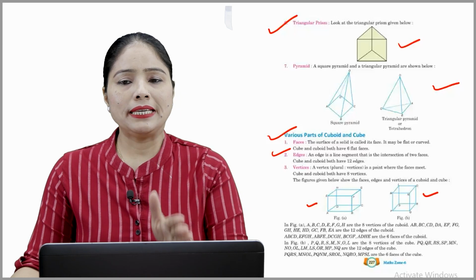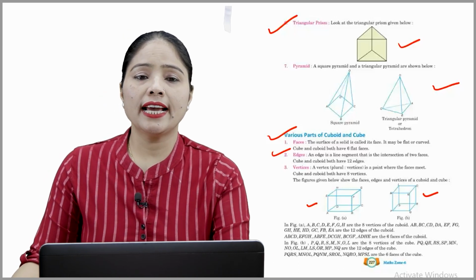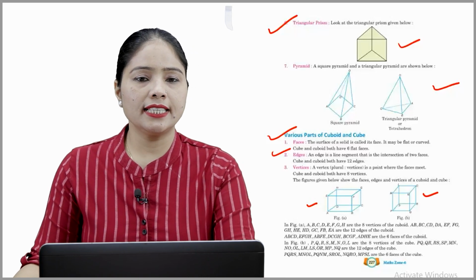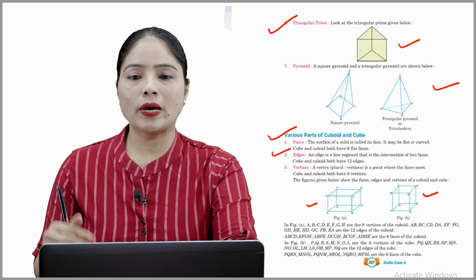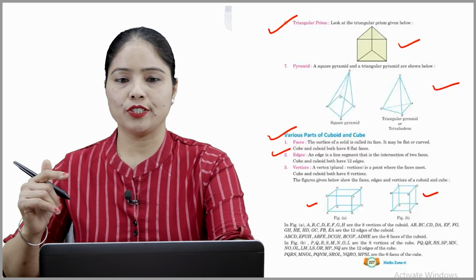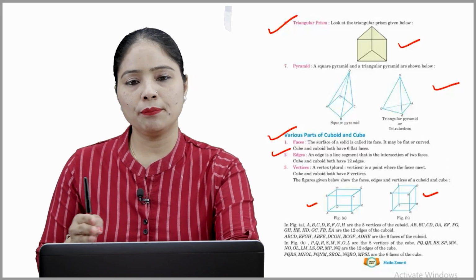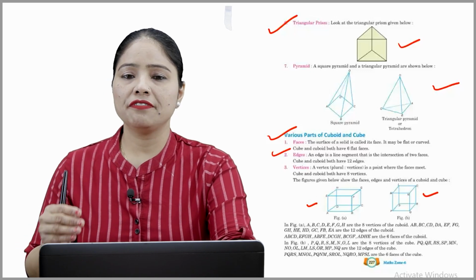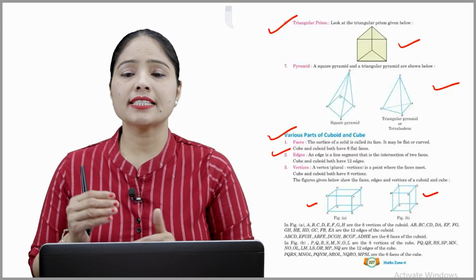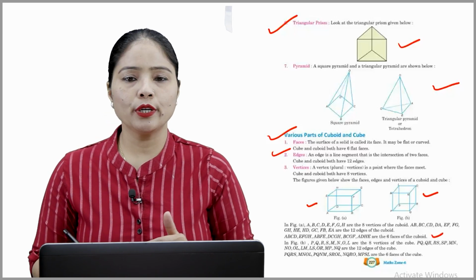So, AB, BC, CD, DA, EF, FG, GH, HE, DH, CG, FB, EA are the 12 edges of the cuboid. Okay? And ABCD, EFGH, ABFE, DCGH, BCGF, ADHE are the 6 faces of the cuboid. Okay beta? I hope you understood.